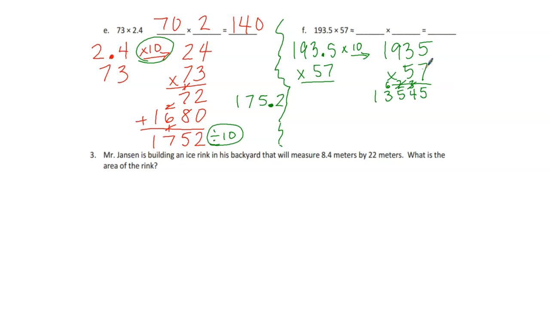Alright, now on to my next one. So I have 5 tens times 5. It's going to be 25 tens. I can't put my 25 in, so I'm going to regroup my 20 tens as 200s. Then I have 5 tens times 3 tens. It's going to be 1,500 plus 200, 1,700.